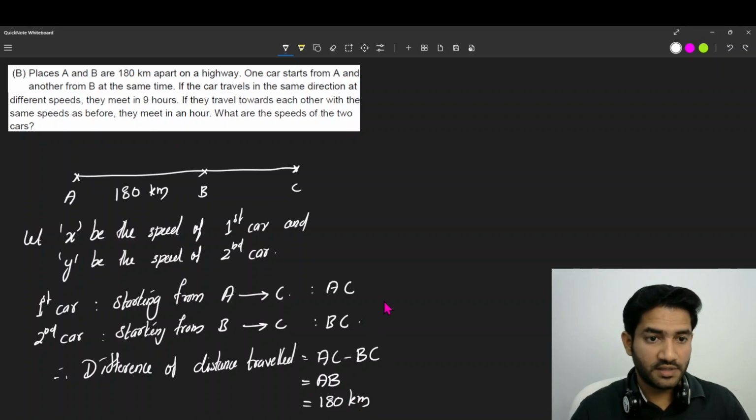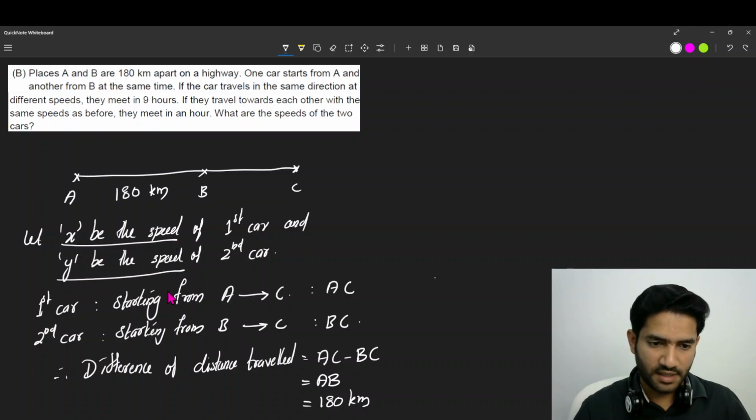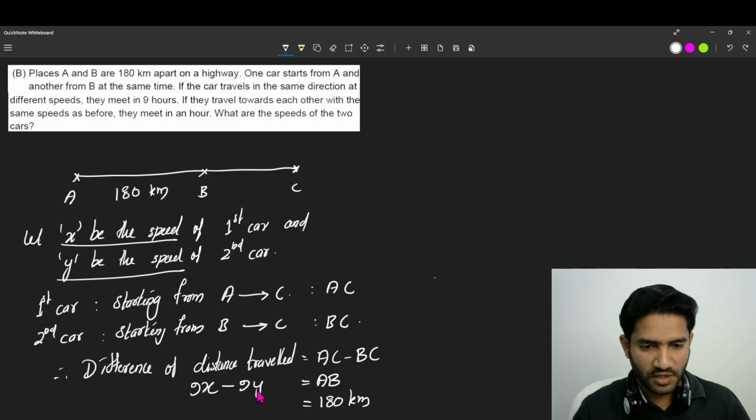Then how can we calculate the difference of distance traveled? Here 180 kilometer is AB and x is the speed of first car, y is the speed of second car. So within 9 hours, first car can travel 9x kilometer minus second car can travel 9y kilometer.